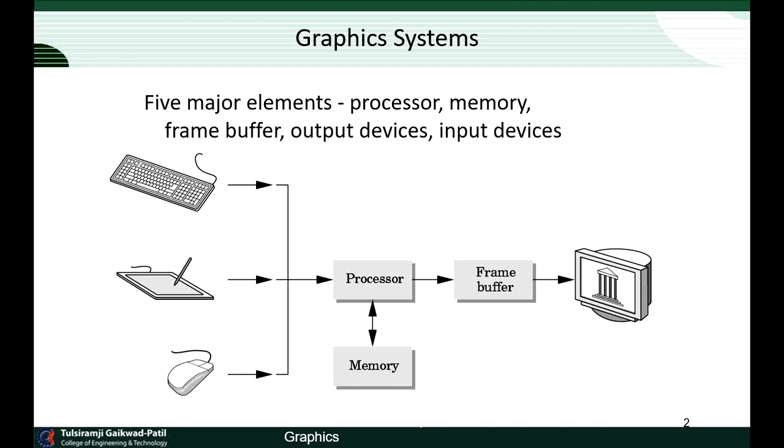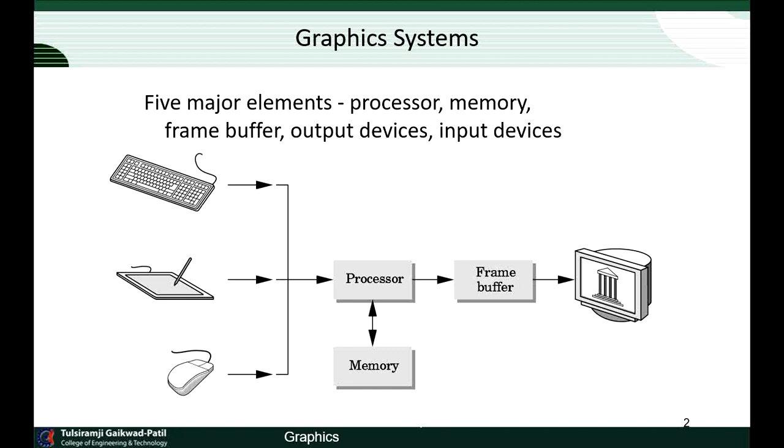The processor is used to process the data which is given by the input devices, like here the keypad, digital notepad and mouse are the input devices. The input data given by those input devices will go to the processor, and the processor will start processing it according to that input.